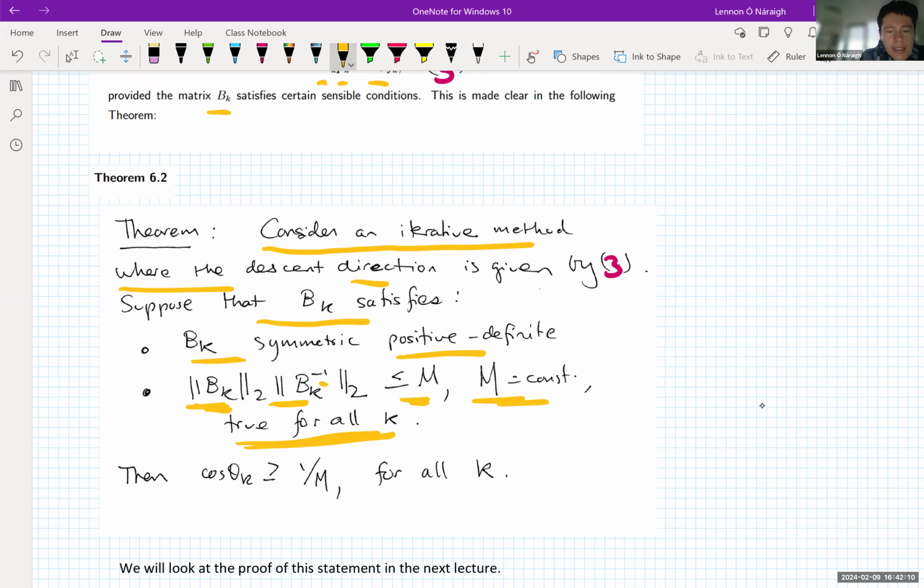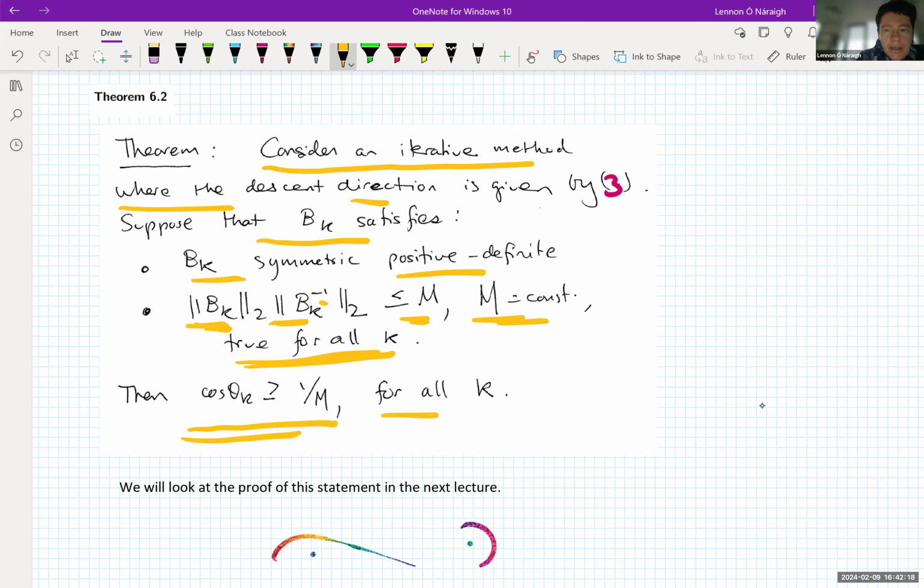This has to be true for all k. Then again, we get cosine theta k bounded away from 0 for all k. And this will be an important result that will characterize our Newton type methods, such as BFGS. We will look at the proof of this statement in the next lecture.